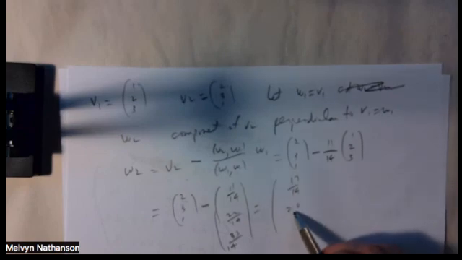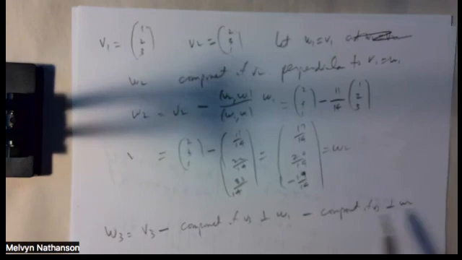So 2 minus 11 over 14, 28 minus 11, that's 17 over 14. 42 minus 22 is 20 over 14. 14 minus 33 is minus 19 over 14. So this is my vector W2.